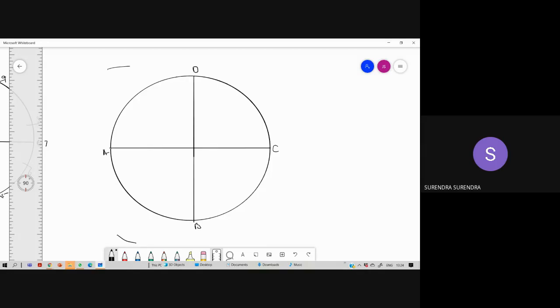Next, B as center, same radius, draw arcs on both the sides of B. Next, C as center, draw arcs on both the sides of C. D as center, draw arcs on both the sides of D.